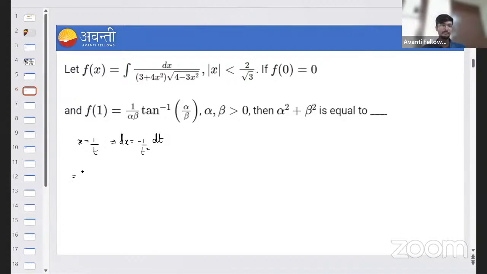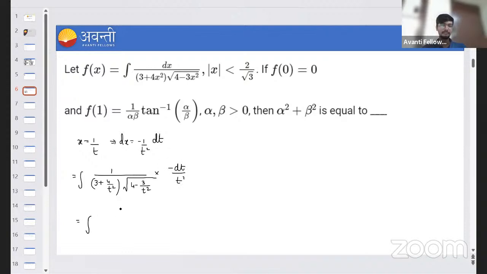So f of x will be equal to integration of 1 upon, I'll get 3 plus 4 by t square, correct, if I'm not wrong. And here I'll get under root of 4 minus 3 by t square into minus dt upon t square.